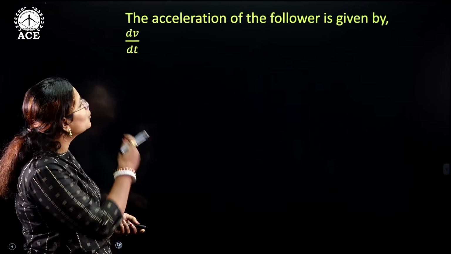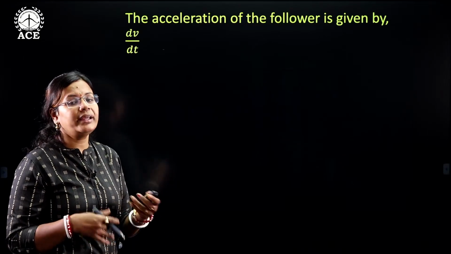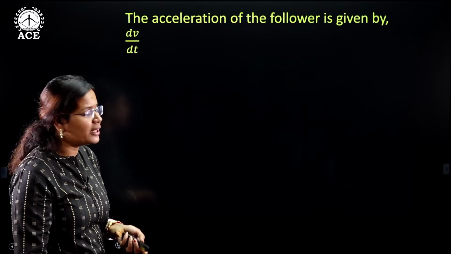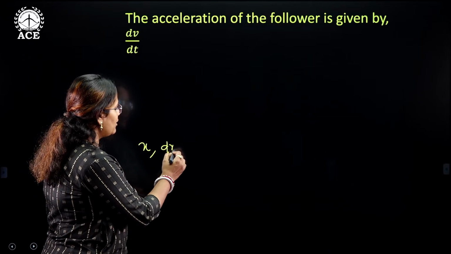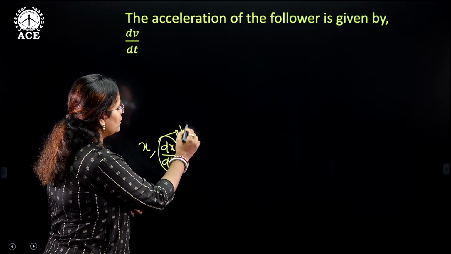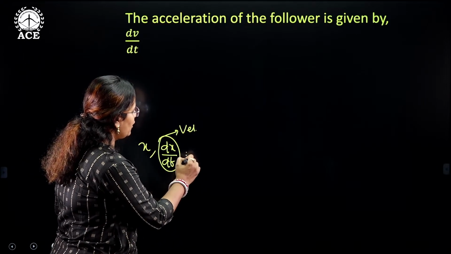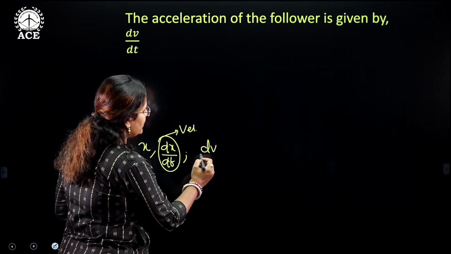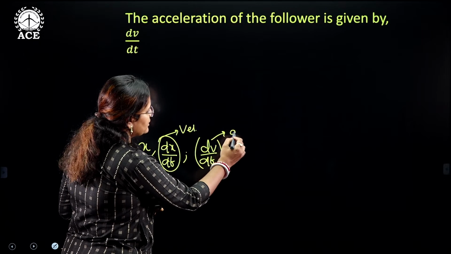Let us first note that. Next, we have learnt about velocity. Now next we will go for the acceleration. We already know that if I know the displacement and differentiate with respect to time, this term is going to give me velocity. Again, if I have dv by dt, this particular term is going to give me acceleration.